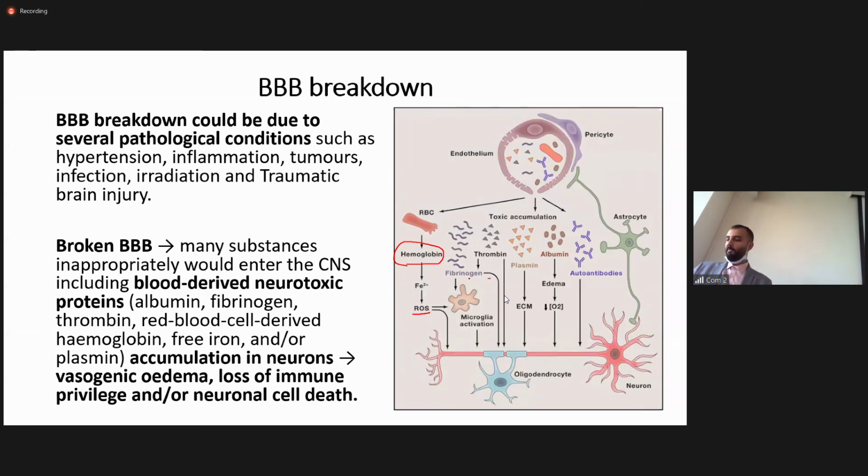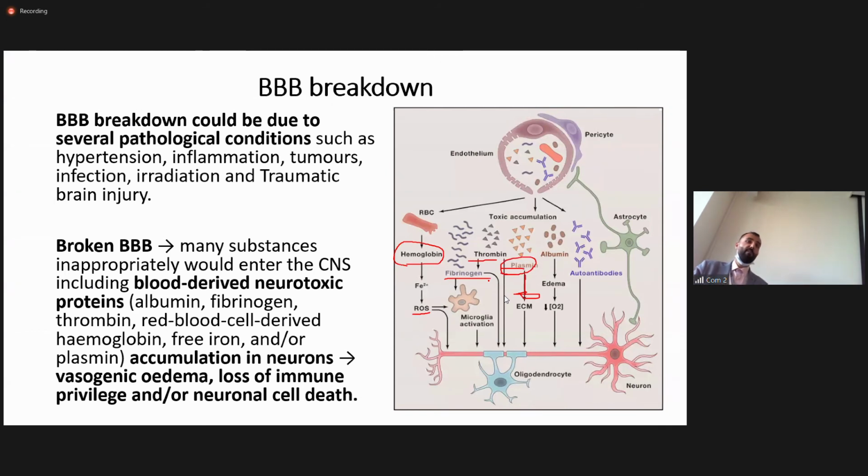We have fibrinogen, thrombin, plasmin. Plasmin, for example, will destroy the extracellular matrix, and this will contribute to the cell death of the neuronal cells. We have albumin, which will contribute to the accumulation of fluid, like edema.